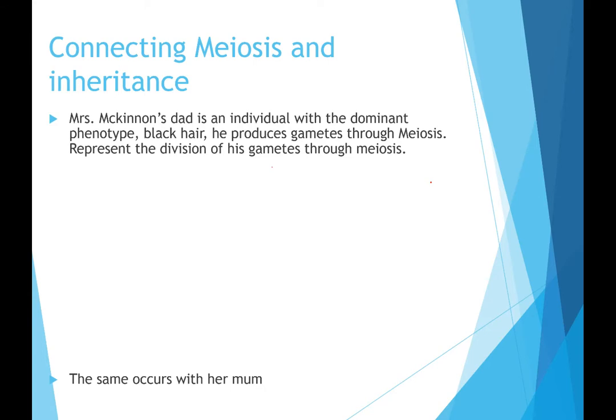I'm going to give you a little bit more information because even though Mrs. McKinnon's dad is an individual with the dominant phenotype, black hair, the only way we're going to have Mrs. McKinnon have red hair is if he is heterozygous. Okay?